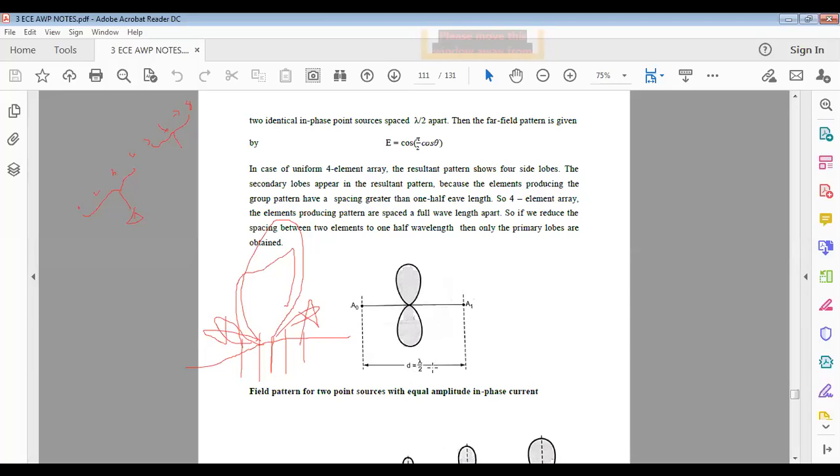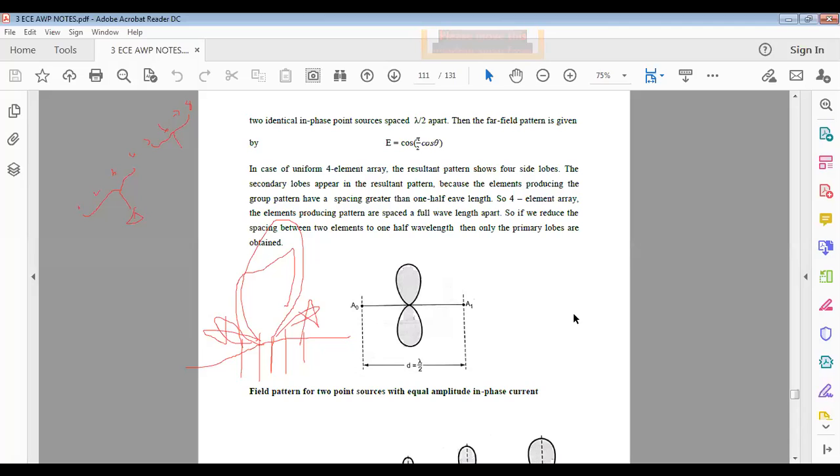That distance becomes lambda by 2 plus lambda by 4 plus lambda by 4 from the diagram. That's why we get the distance as lambda. What is the radiation pattern of that lambda? Again, that resultant radiation pattern contains four lobes. I am multiplying those two, that's why I get side lobes that appear more than the unit pattern.